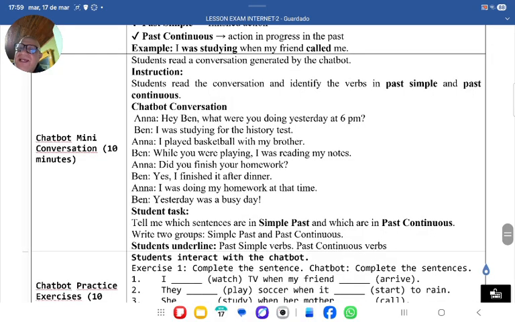The instruction I gave the chatbot was that it had to write a short conversation using the simple past and the past continuous.